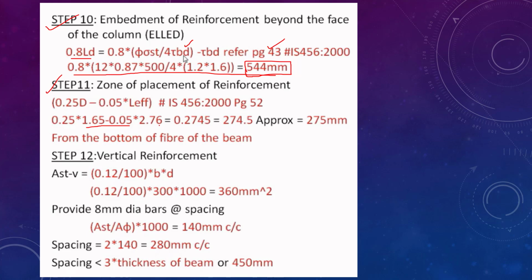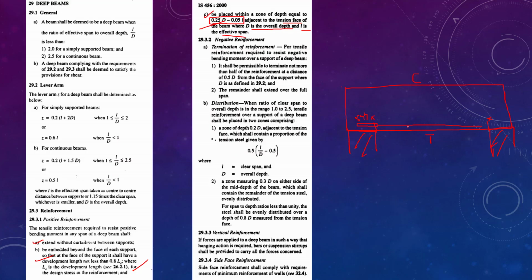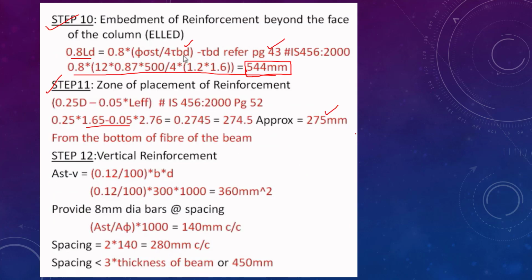That will give you a value of 275 mm. So the tension reinforcement has to be placed within 275 mm from the bottom face. So this height should be 275 mm. So we calculated the position of the reinforcement.